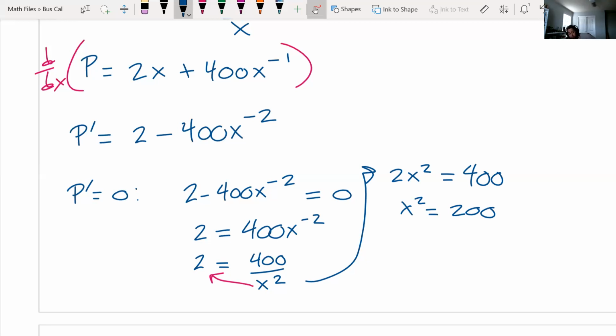And now square root both sides, and you get the square root of 200, which will give me x equals plus or minus 10 square root of 2, or 14.14.